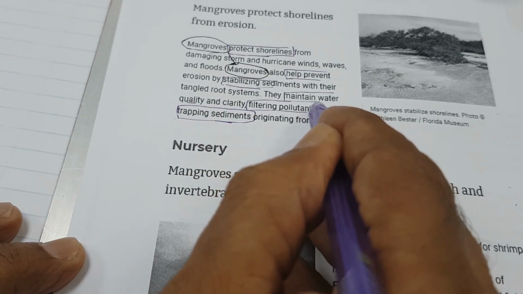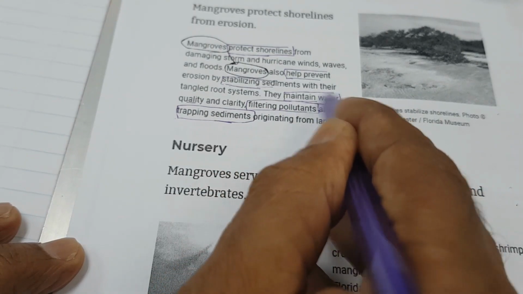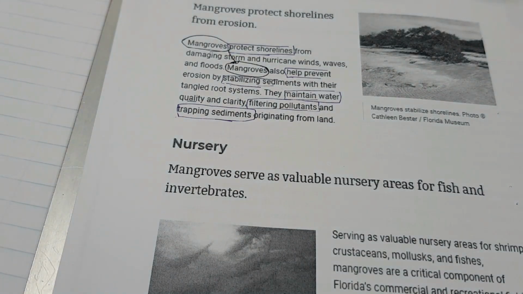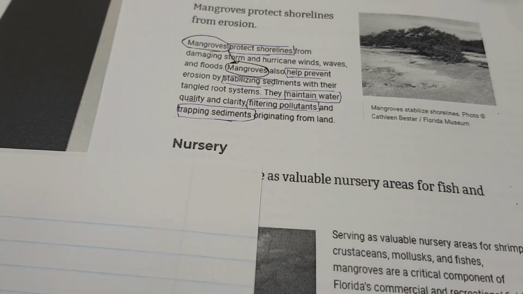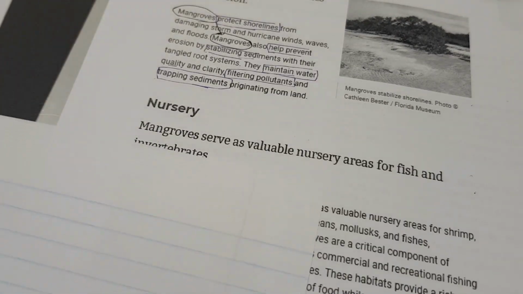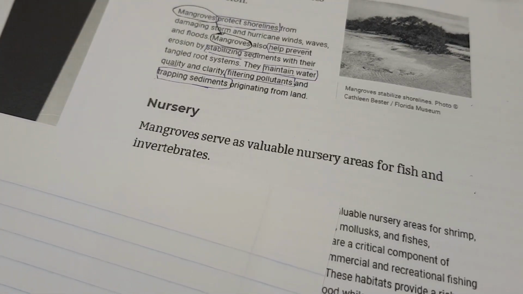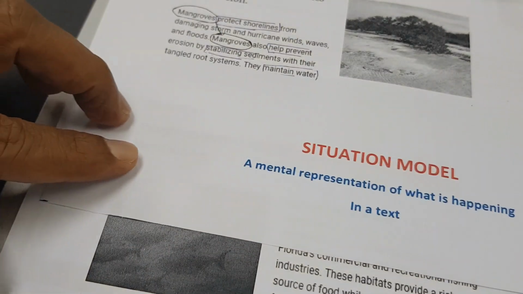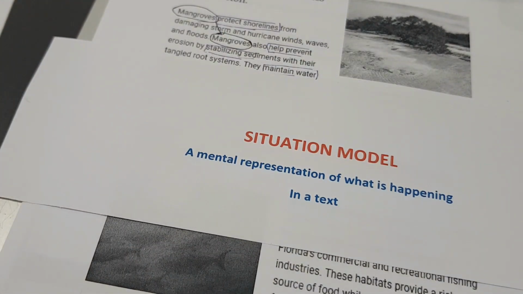Are you seeing all of the actions that are occurring? So check this out now. Remember what we said earlier, that we want to create a mental representation of what's happening in the text.